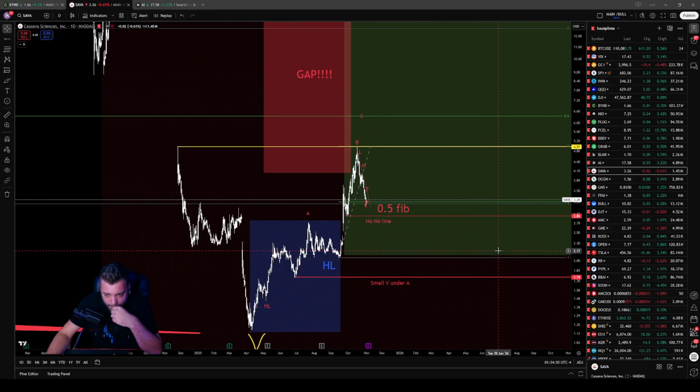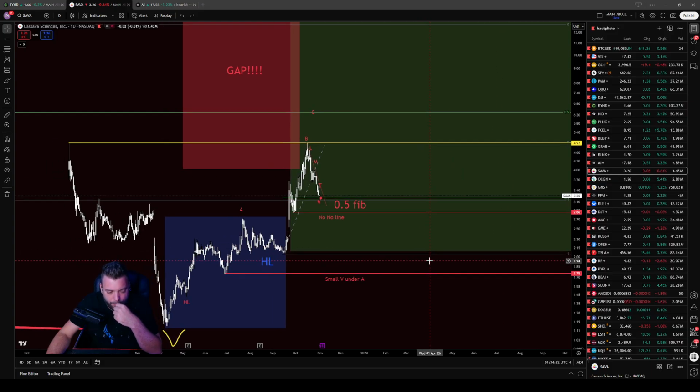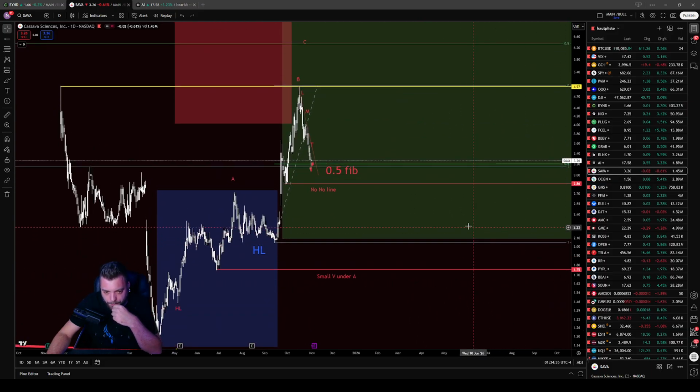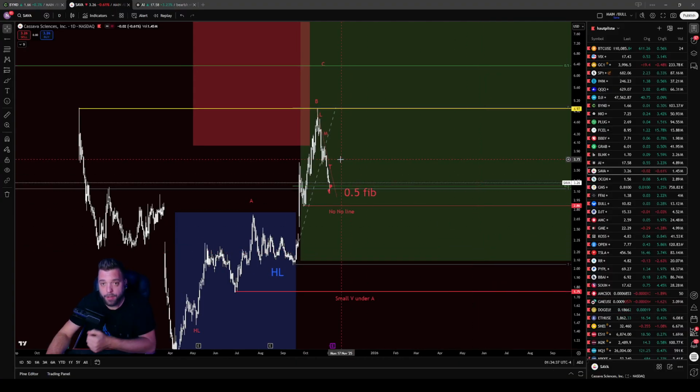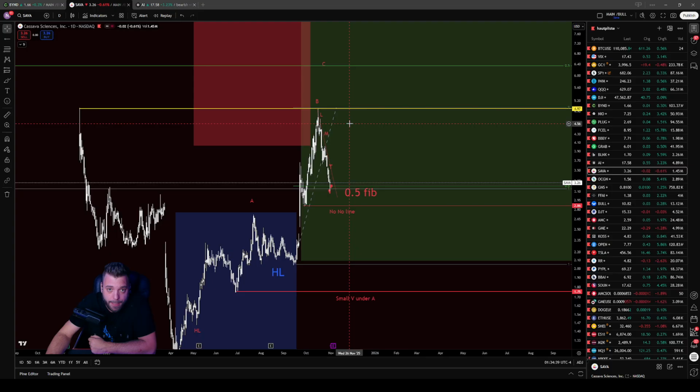For confirmation lines, for the bullish version, I think you won't get a confirmation line to the upside because it will be a pre-market push finish.